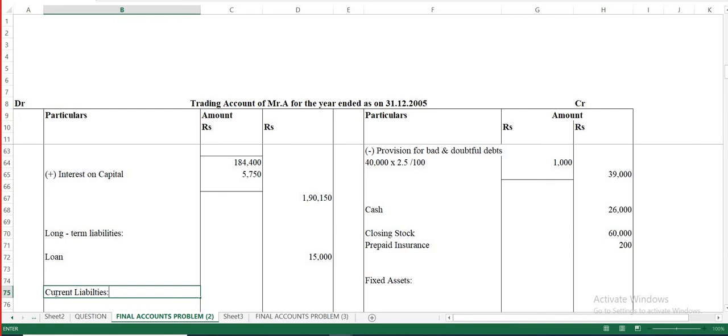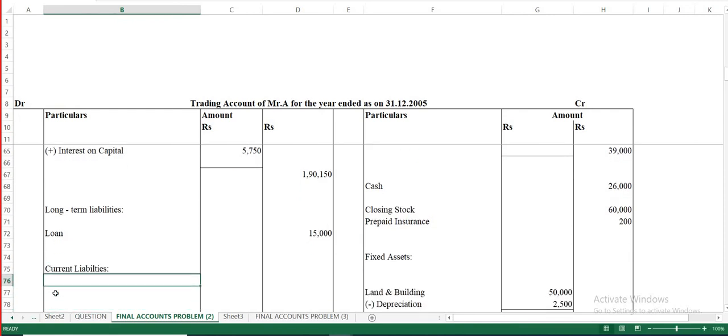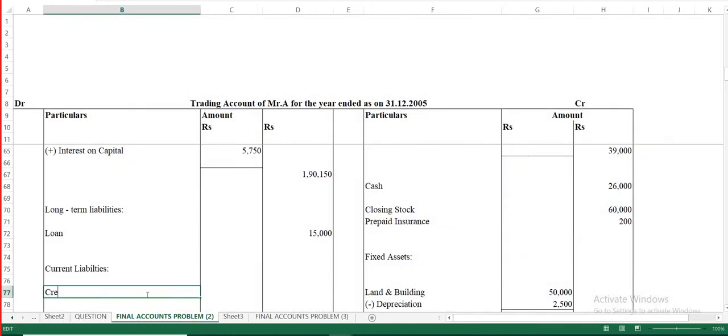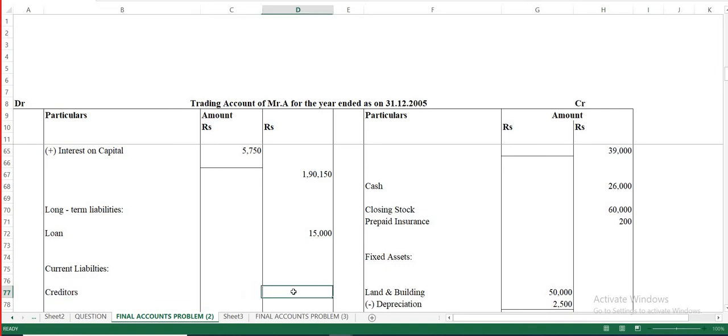Under that, the first item will be your creditors if you have. So I think creditors we have 25,000, no calculation is there. If there is a provision for discount on creditors, then we subtract it.